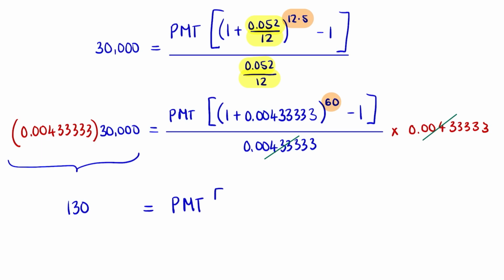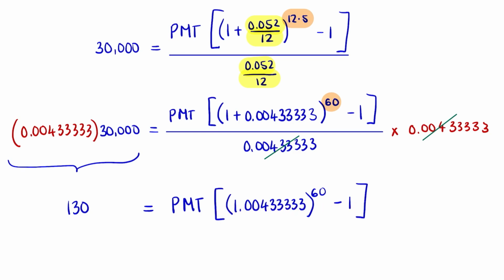PMT. I take 1 plus 0.00433333, which is 1.00433333 raised to the 60 minus 1. Then I'll simplify this bracket.